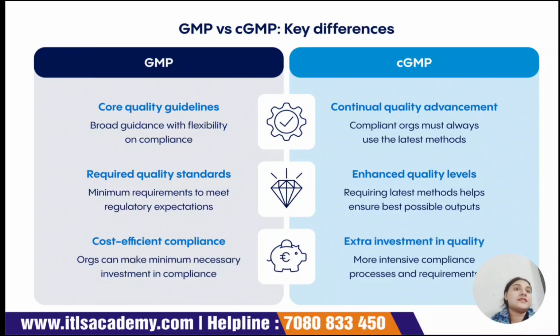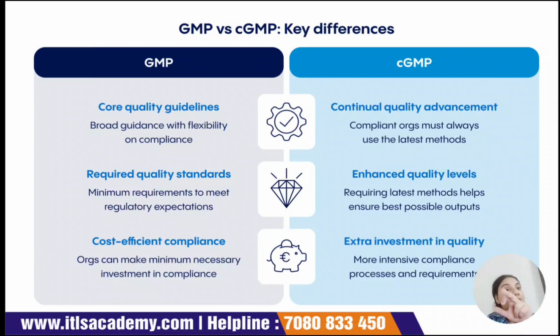GMP is a continual quality advancement, a broad guidance with flexibility on compliances, whereas in CGMPs companies must always use the latest methods, meaning the latest technologies are used, and here the broad compliances could be slightly flexible.